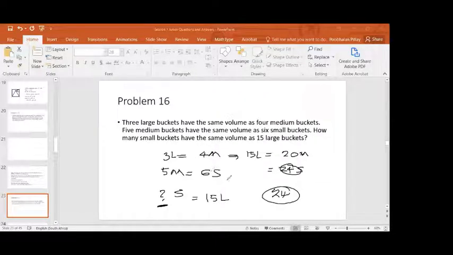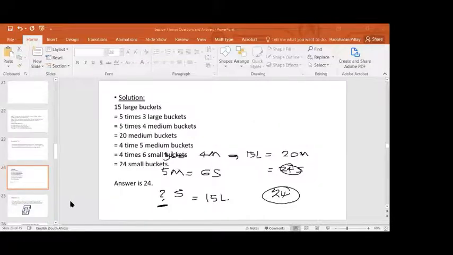Like that, you get equations, and then you can solve them to get 15L equals 24S. So the idea is to create equations and solve them. Once you create the equation, look how easy it is to solve. The most important thing is to create the equations from your story sum. And that's what problem solving is all about.